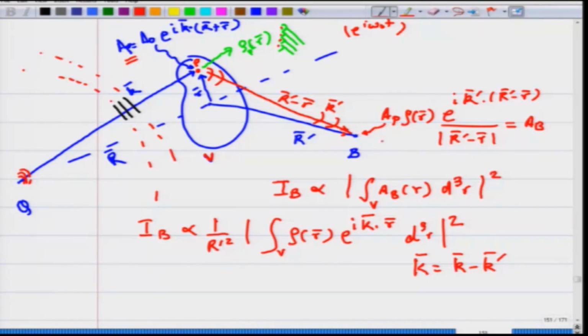So, the amplitude of the wave which reaches point B depends on the intensity of the incident wave into the density, and this is the form of the spherical wave which is reaching point B. K prime is the wave vector of the spherical wave front. And then we wrote down the intensity, which is proportional to the square of the amplitude coming from all such scatterers like point P distributed across your crystal.